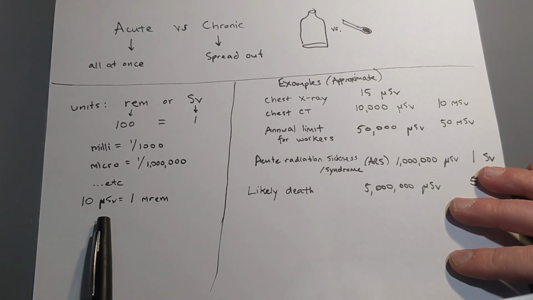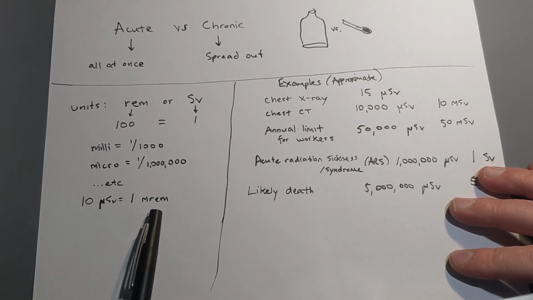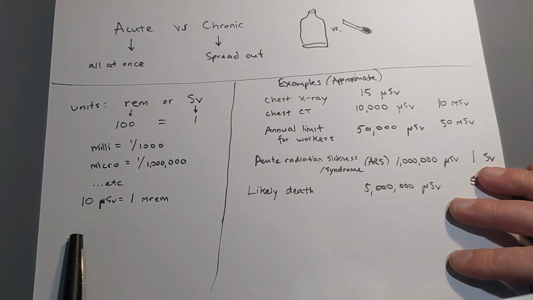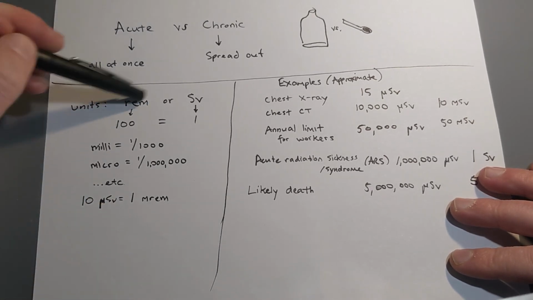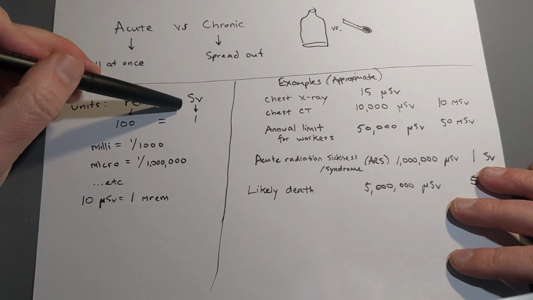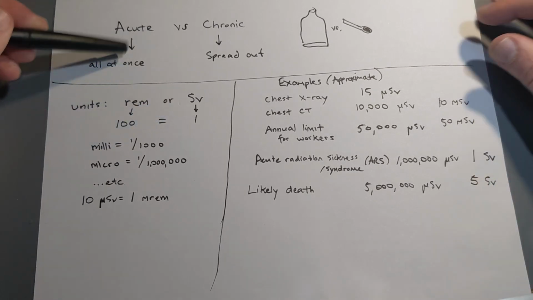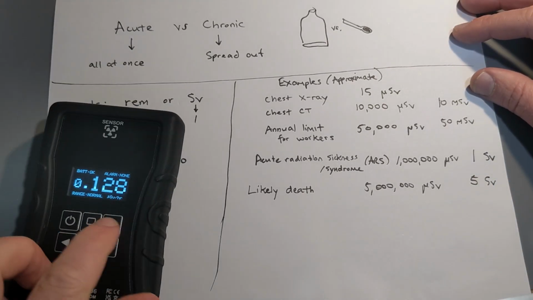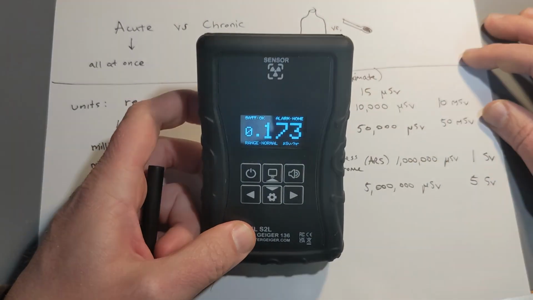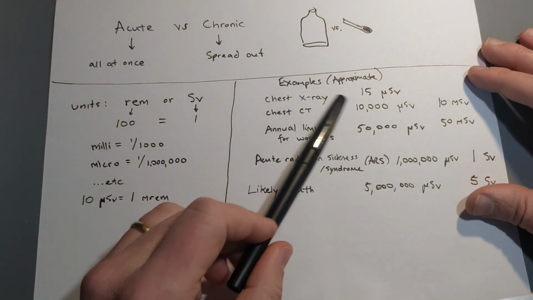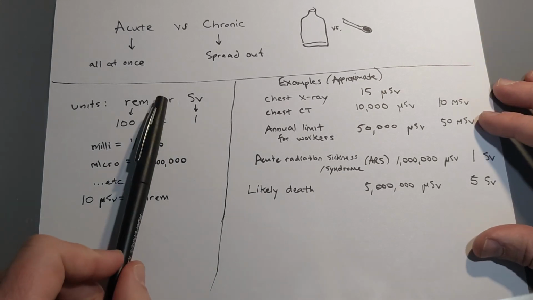That's useful because often they'll show microsieverts or millirem if you're dealing with everyday rates and not super extremely high rates. So those are the two units. I'm going to stick with microsieverts mostly for the time being. That's what the Better Geiger S2 and the S2L show, and that's what I'll stick with for the sake of being consistent.